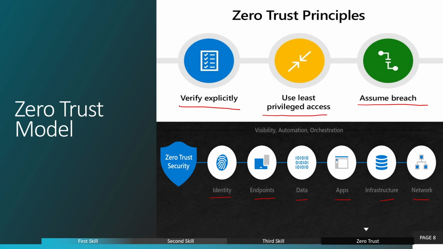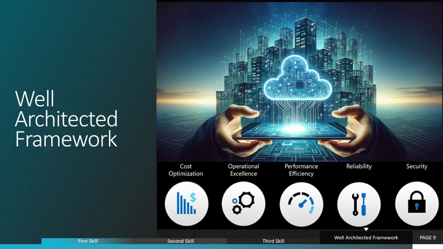So moving on to something also very, very important, which is the well-architected framework. Now, this is a comprehensive guide. And in this guide, we have steps that we can use to create, to run, and maintain applications and workloads in the cloud. And it is organized into areas that are called pillars. Now, these pillars include things like cost optimization, operational excellence, performance efficiency, reliability, and security.